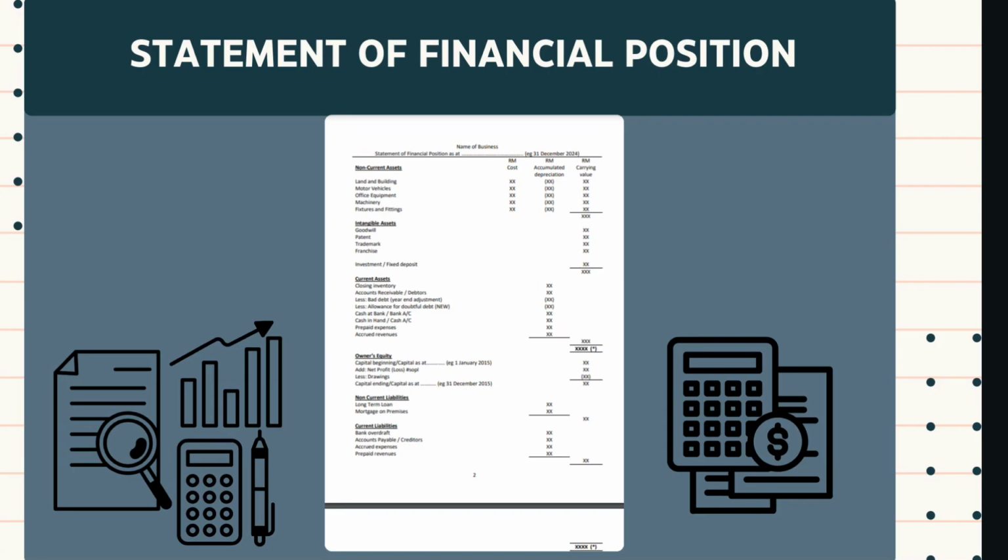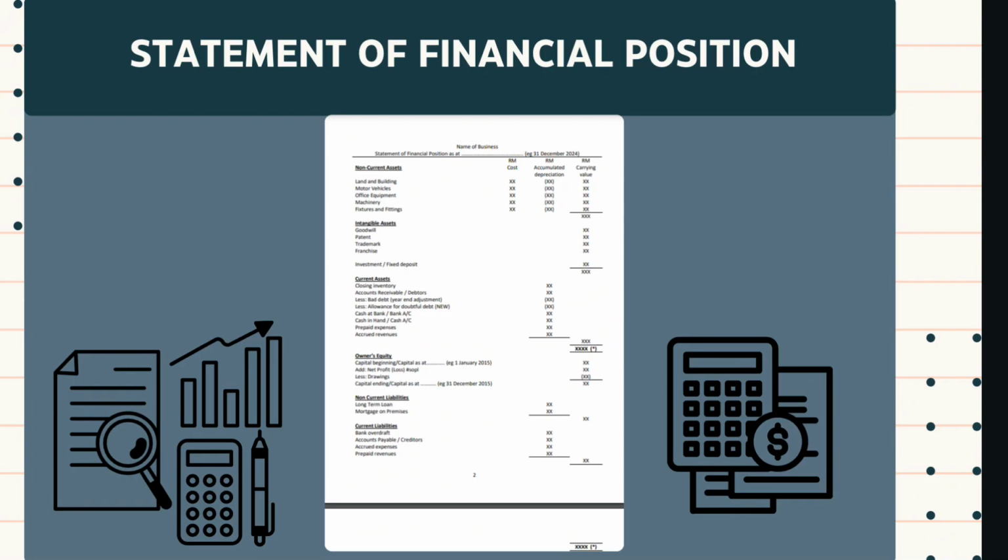Assets represent what the company owns and are divided into current assets such as cash and accounts receivable, and non-current assets like property, equipment, and intangible assets.